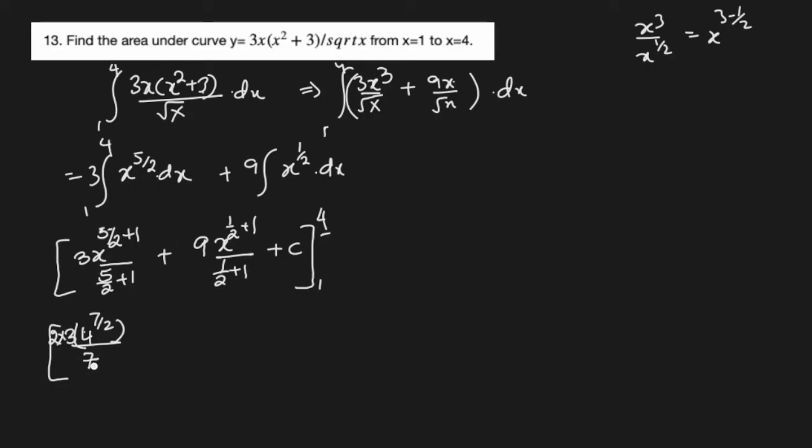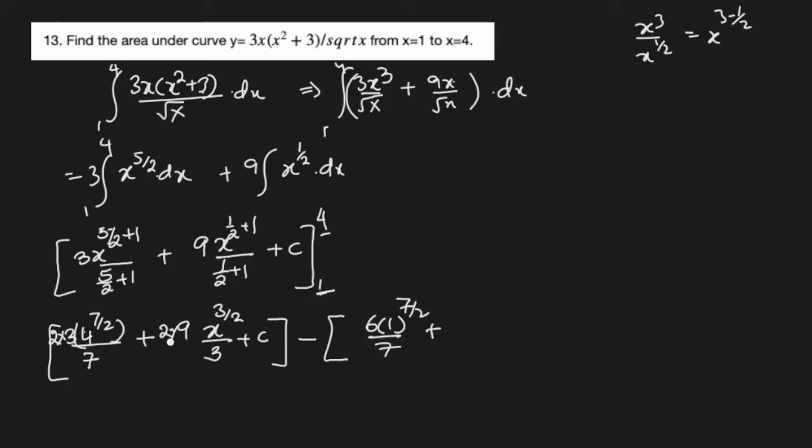When denominator of a denominator is there, we can multiply it with numerator. Plus 9 times x to the power 3 over 2, over 3 over 2, that is for 4. Next is the same thing, 2 times 3, 6, 1 to the power 7 over 2 this time because we are substituting 1, over 7, plus 18, oh 3 can cancel here.